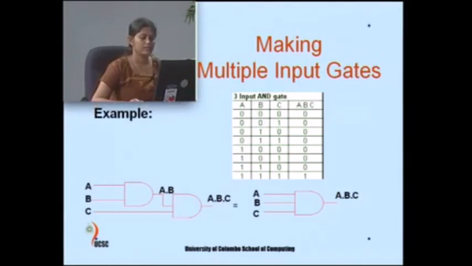We send this A and B, and C, to another AND gate, then we get A and B and C. Simply, we can represent this multiple input gate by a single AND gate. This is an example of multiple input gates. So, by using these basic gates, you can implement several multiple input gates.